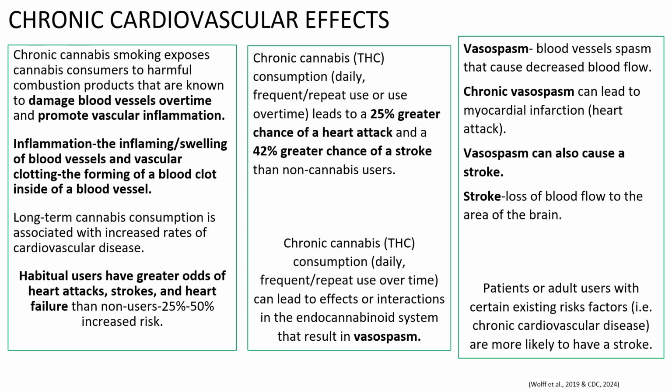Chronic cannabis (THC) consumption, daily, frequent, or repeat use or use over time, leads to a 25% greater chance of a heart attack and a 42% greater chance of a stroke than non-cannabis users. Chronic cannabis THC consumption can lead to effects or interactions in the endocannabinoid system that result in vasospasm.